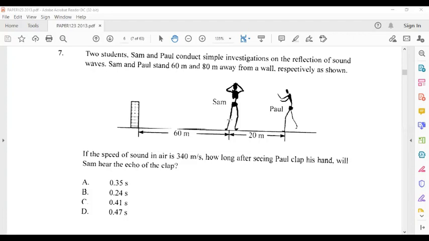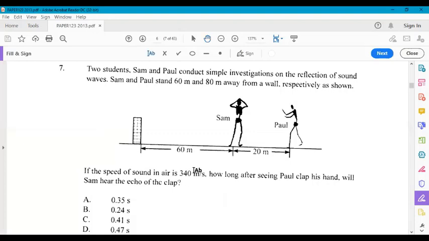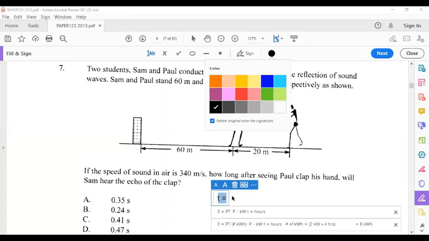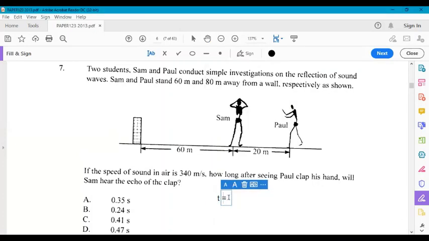Sam is the receiver. So we're going to use our equation for speed, and we're going to transpose that for time because we want to know how long. So time is equal to distance divided by speed.